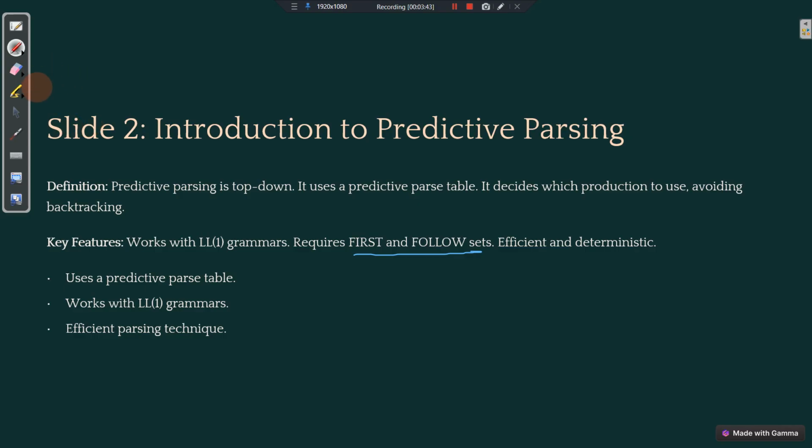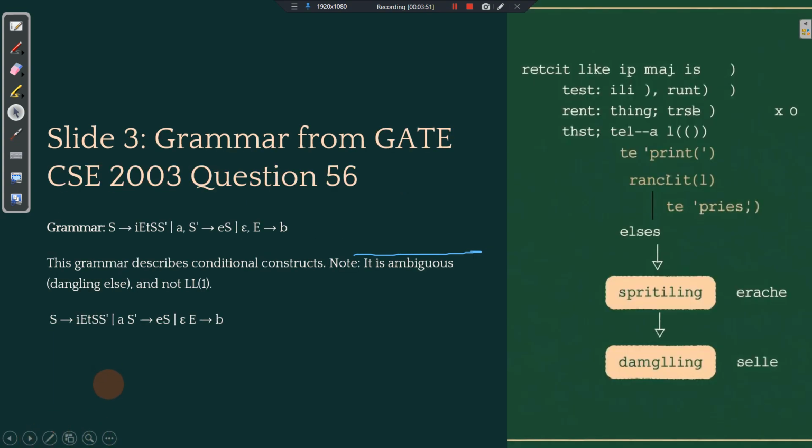Okay, so let's move ahead with the next slide. Now this is question 56 from GATE 2003. This is the grammar given.